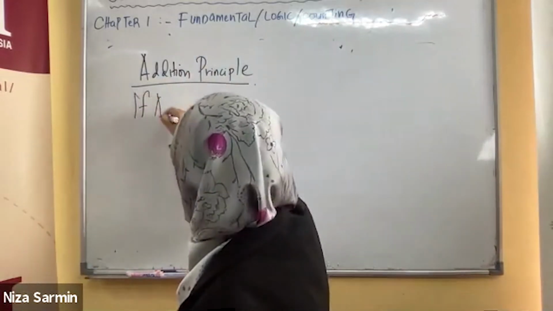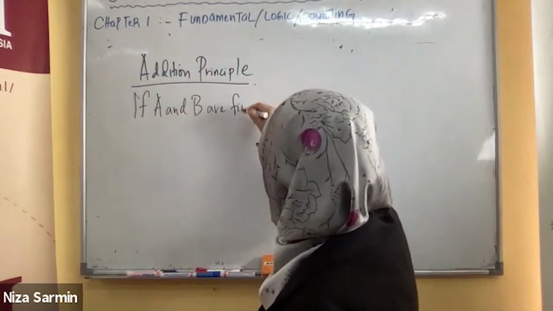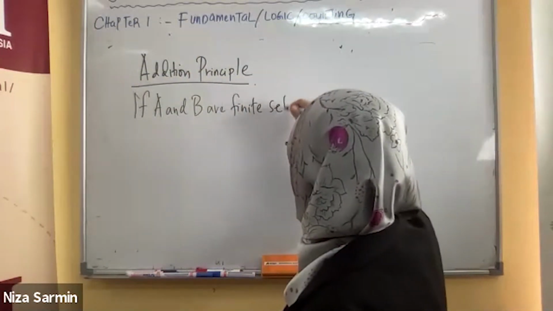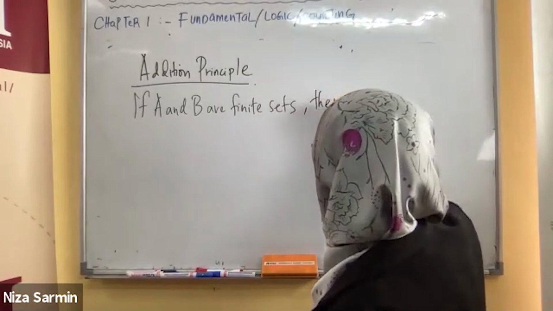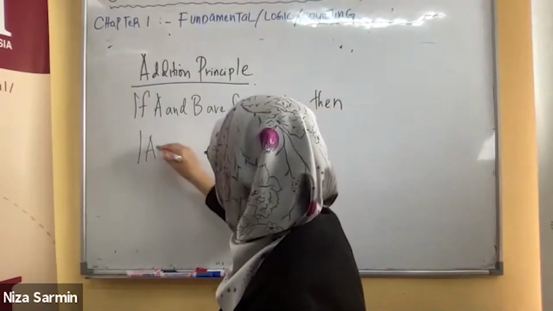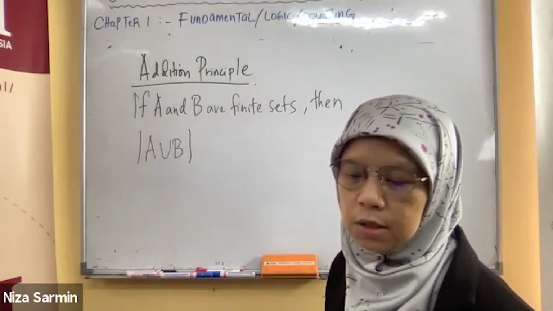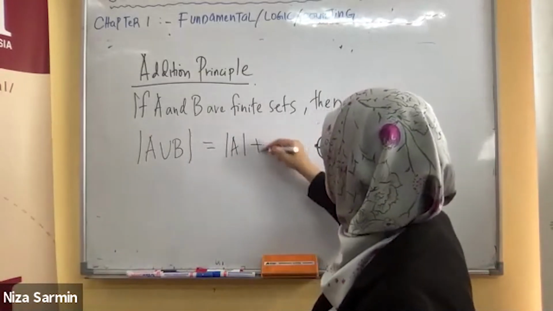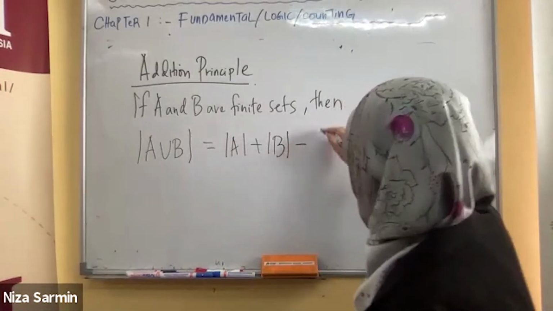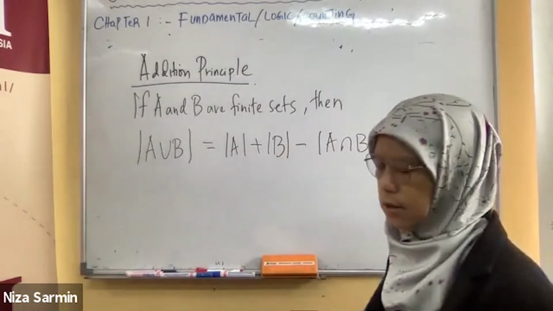If A and B are finite sets, then how do you find how many elements are in A union B? This is the count of A plus the count of B minus the count of the intersection, right?